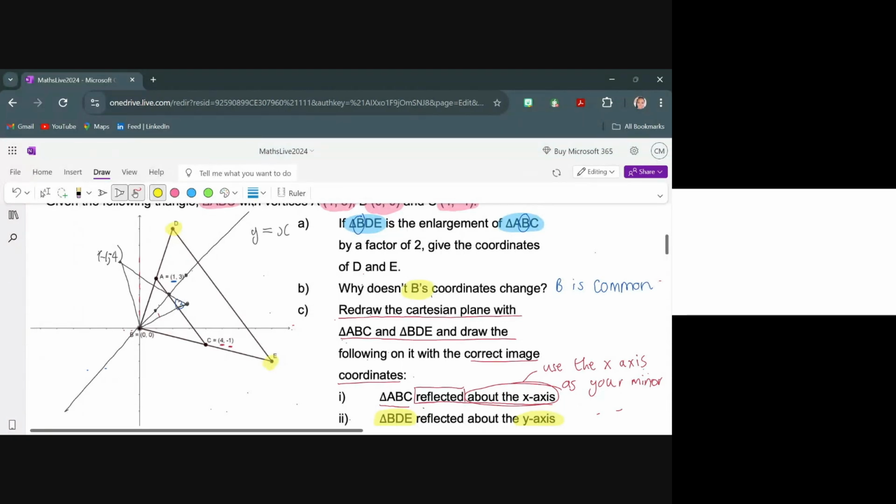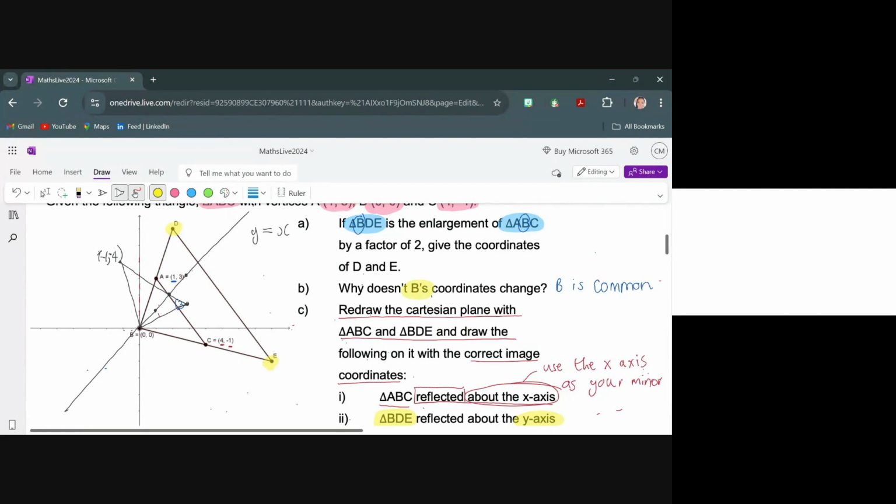Find me those two coordinates, please. Okay, pop your answers in the chat once you've got them.